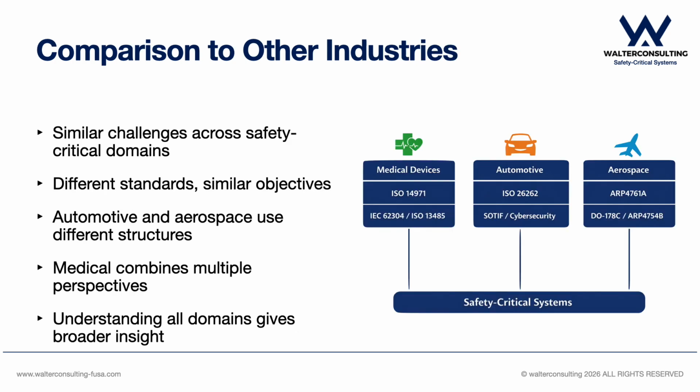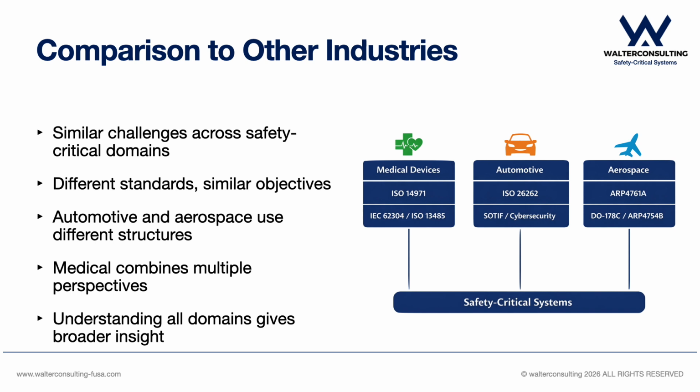If you have worked in other industries, this might look familiar. In automotive, standards like ISO 26262 define functional safety. In aerospace, ARP 4761A and DO-178C are used. So here is the question. Do you see similarities?